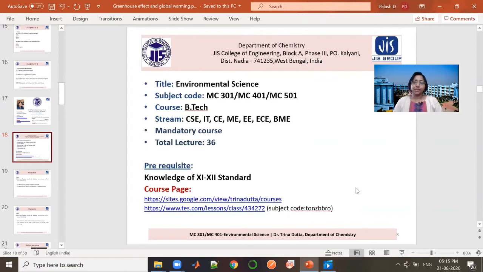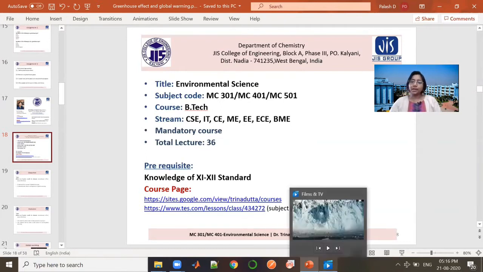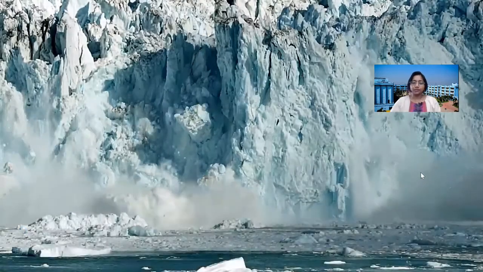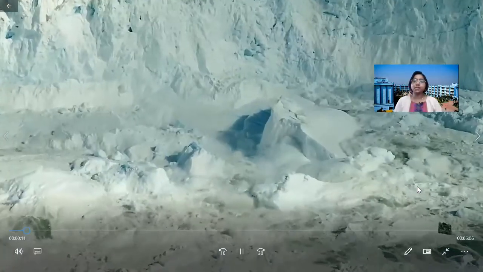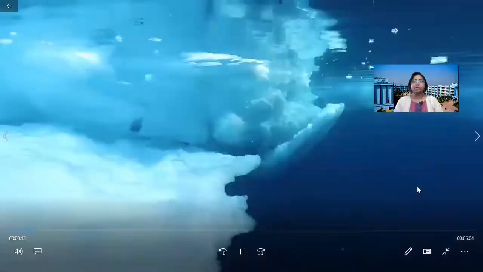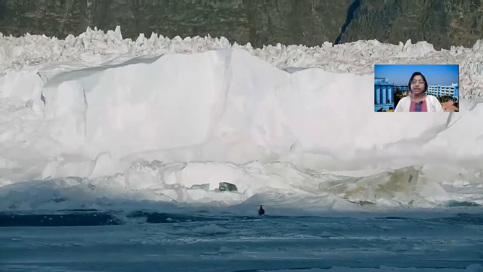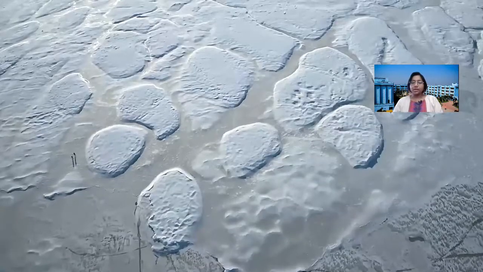Very simply, global warming is the increase in the temperature of the earth's surface, the warming of the earth. Now, if the temperature increases, what will happen? You can see here the consequences of global warming: polar ice melting and sea level rise.